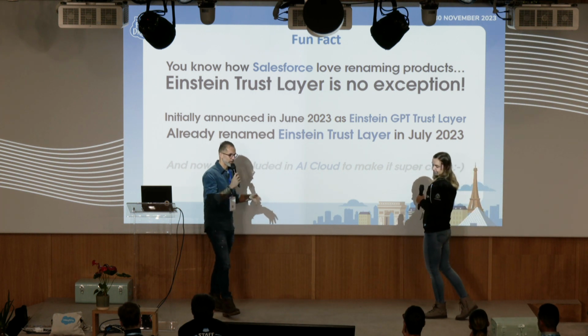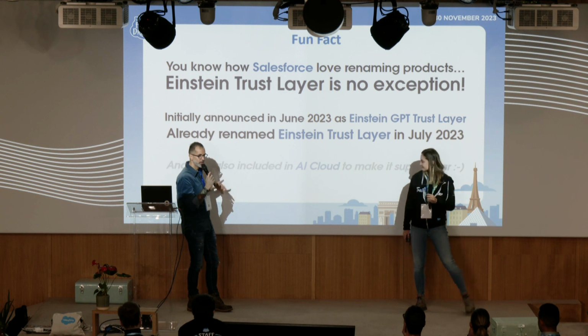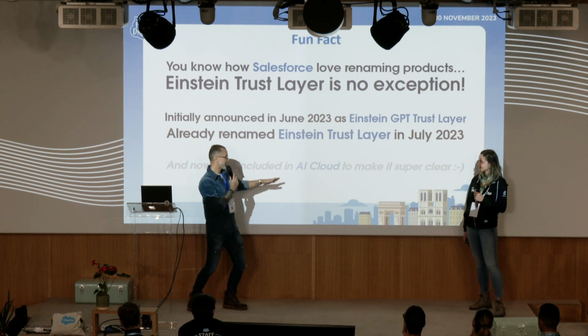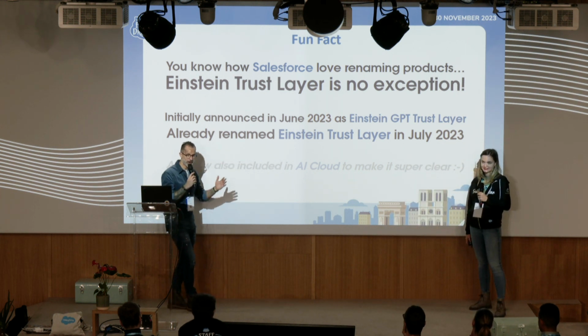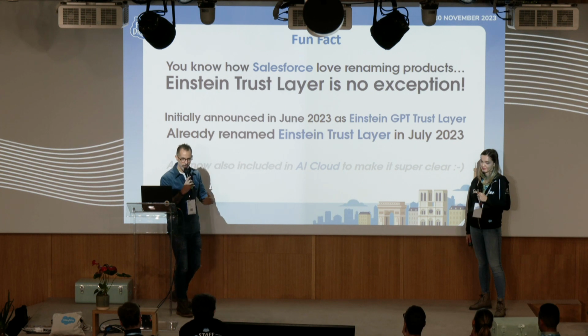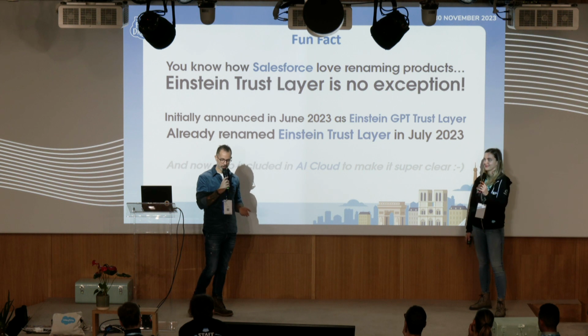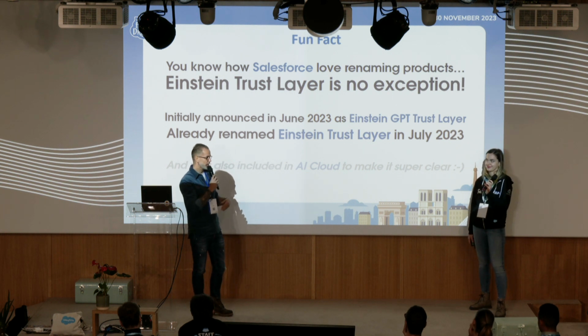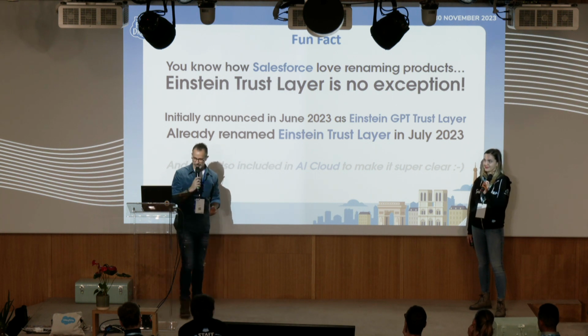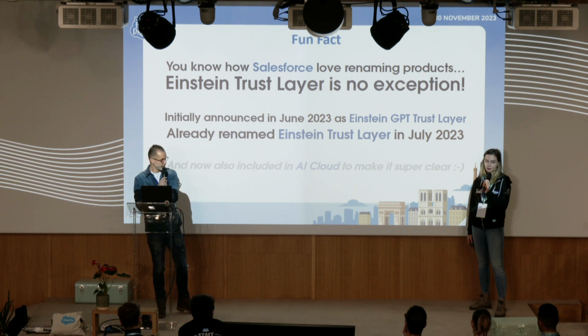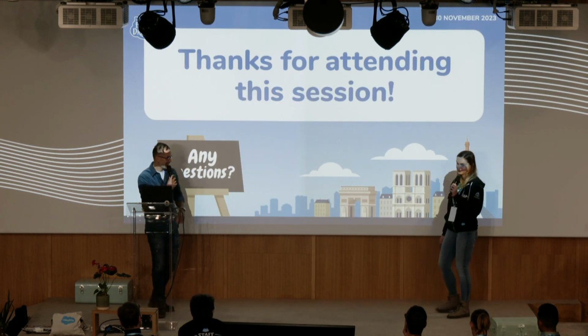And to make it clearer for everyone, now they are also promoting the AI Cloud, saying it is also part of it. We don't know. So now when you hear AI Cloud, it's also the Einstein Trust Layer in it. Salesforce really loves that. So just stay tuned. They will get the updates.